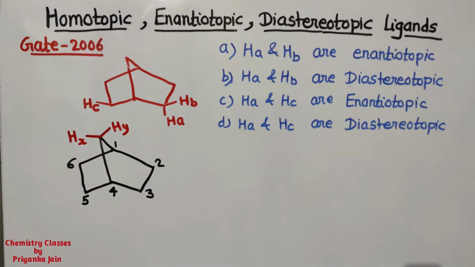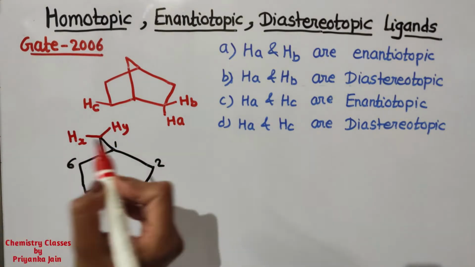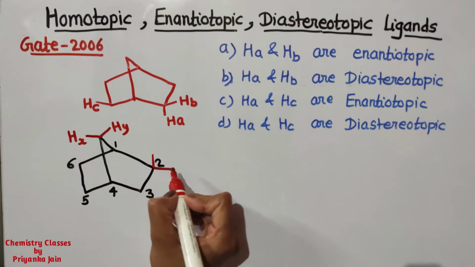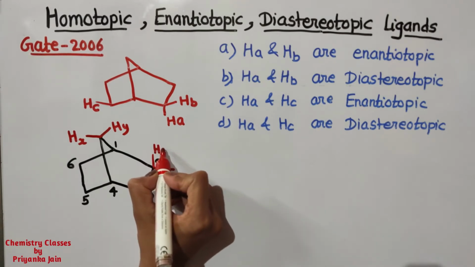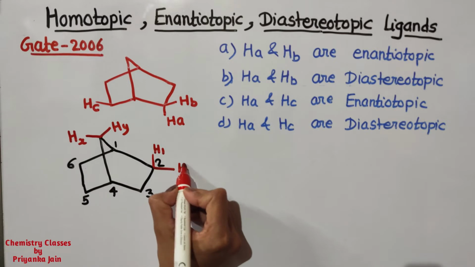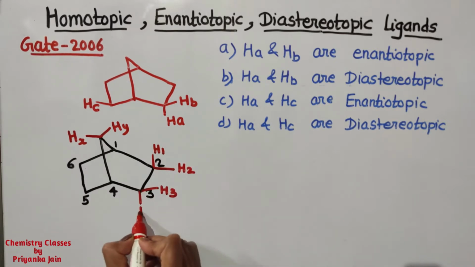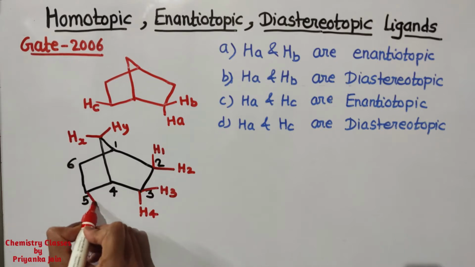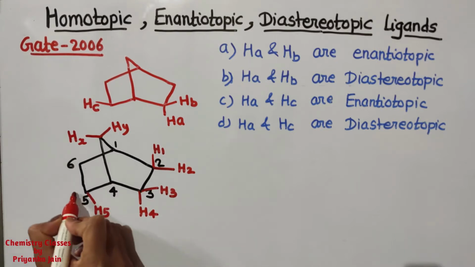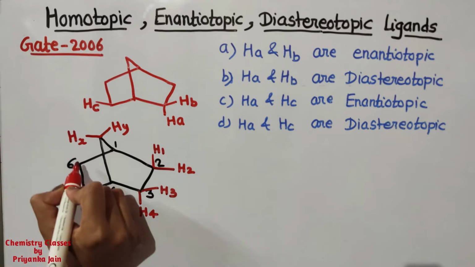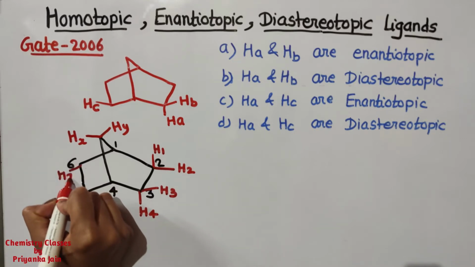Now there are other hydrogen atoms present at the axial as well as the equatorial positions, so we can name them H1, H2, H3, H4, H5, H6, H7 and H8.